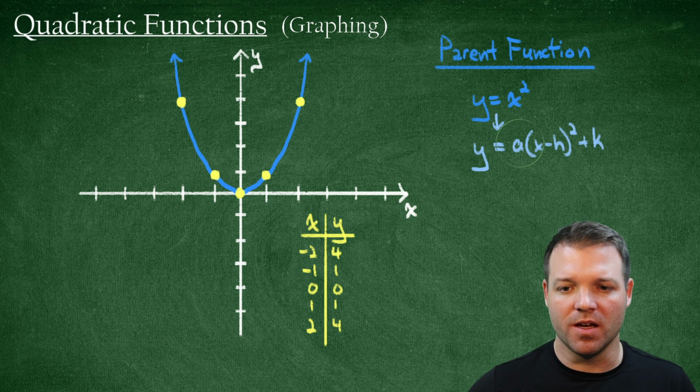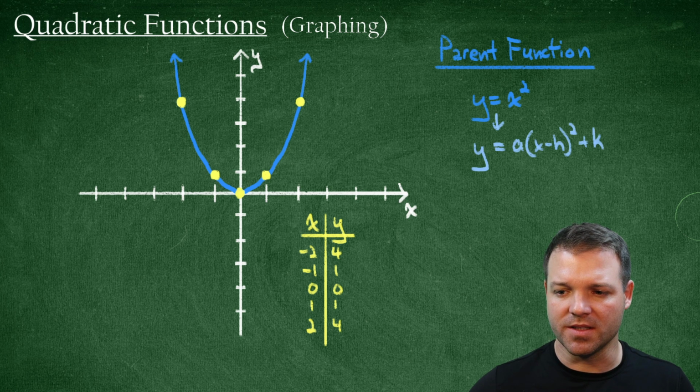Out front I could have a multiplier, we call it a. On the inside with the x, I could have a number that I add or subtract, we call that h. And then on the outside, we could also add or subtract a number, we call that k. Technically speaking, there's another variable called b where I could multiply by the x, but we're going to keep it simple for this particular case.